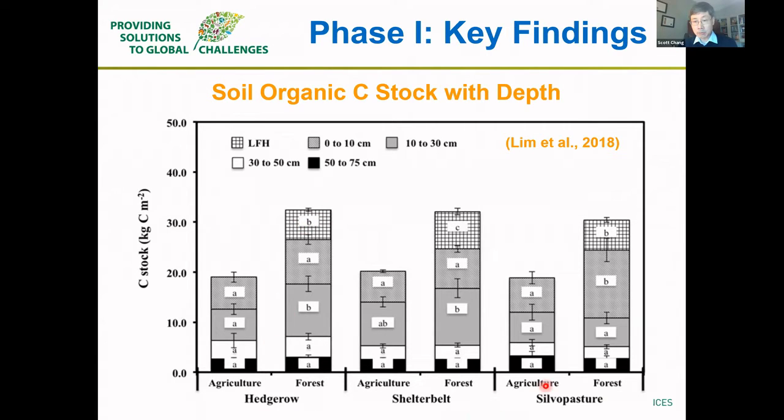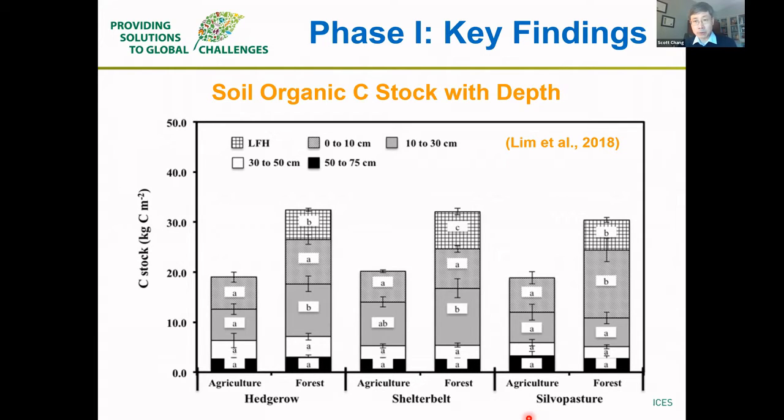And I guess in the silvopasture system, we should have some LFH here as well in the grazed pasture, but I believe that in terms of the assessment, that has unfortunately been omitted, but it's not going to be as much as in the forest land use in this case.